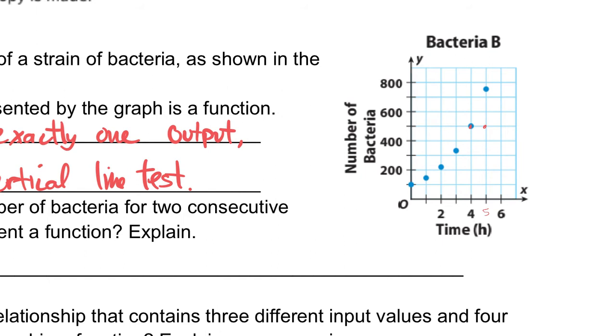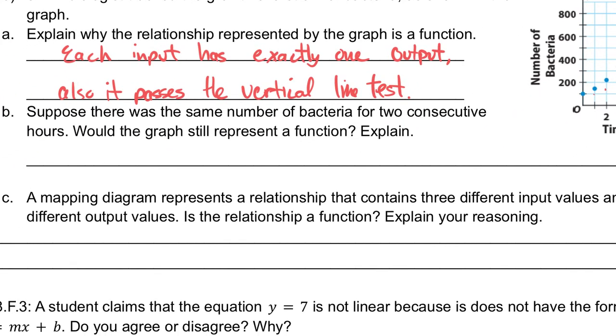Oh, no, that wouldn't be, because for this one right here, we have 2 outputs for the same input. Even if I put the same on the next hour, or the next one, we would have 2 outputs for the same input. So I would say no.